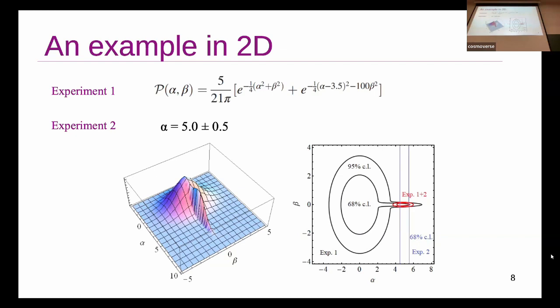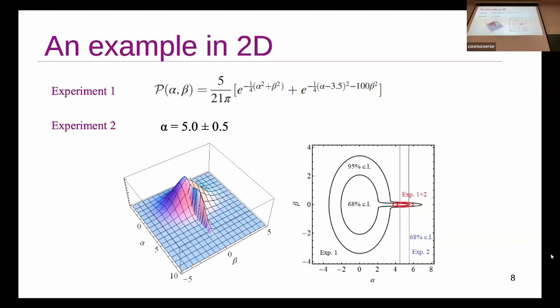I plotted here this distribution coming from experiment 1, and of course we can make the projection in the 2D plane of alpha and beta, and we get this kind of Pinocchio shape. You see that the 68%, the 1 sigma region, goes up to here, more or less, due to this additional probability here. We have two peaks. Very good.